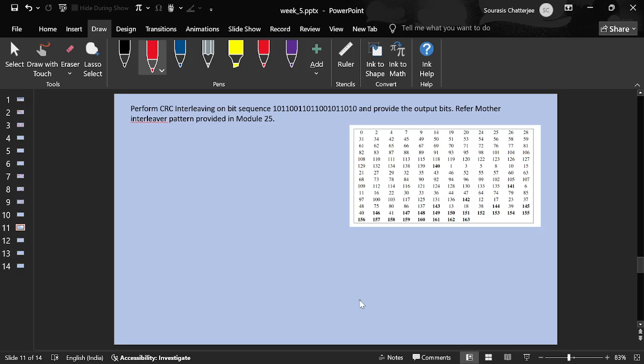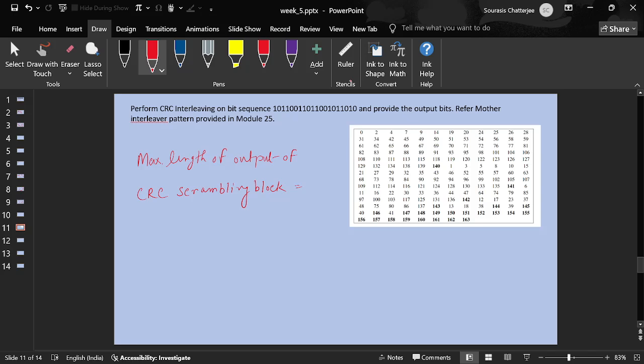Whatever goes into the CRC interleaver is the output of the CRC scrambler, right? So what is the maximum length of the output of the CRC scrambling block? It's 164.